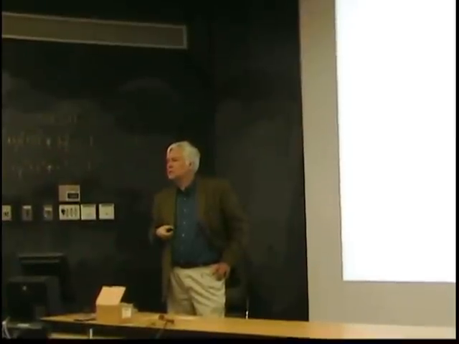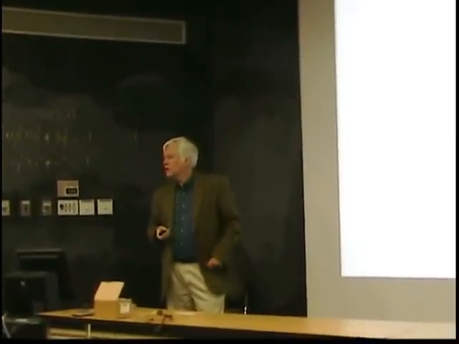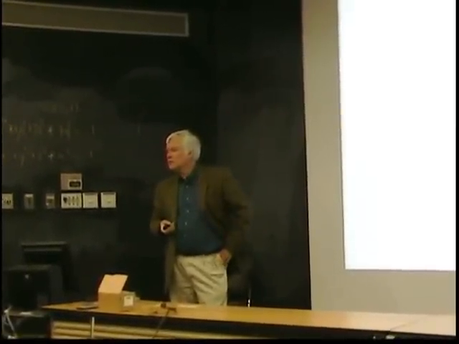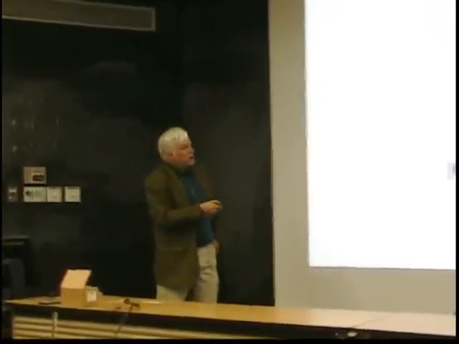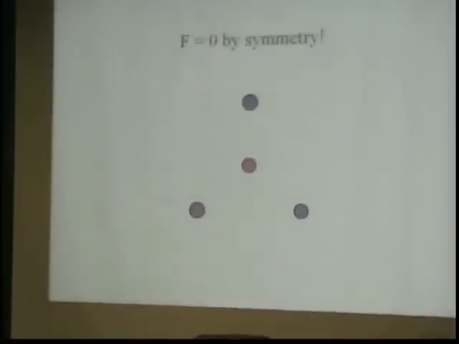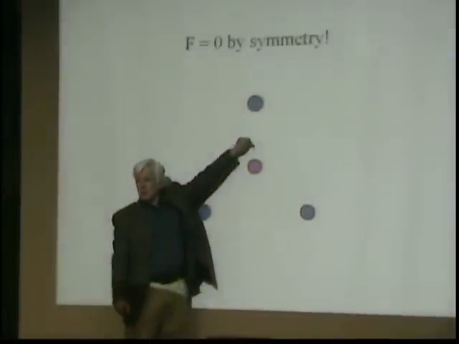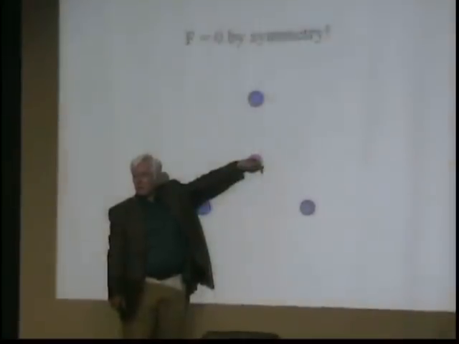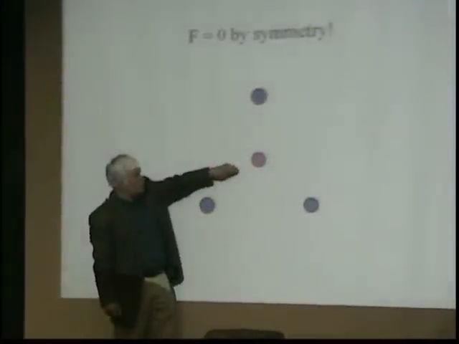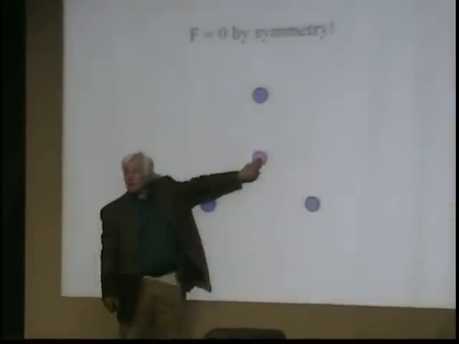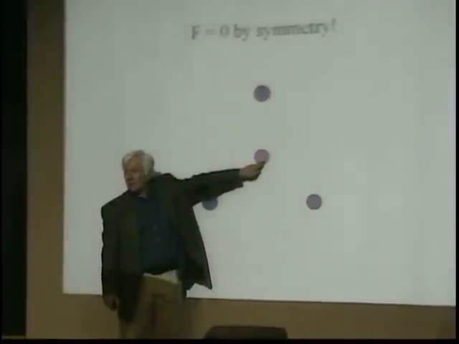Now what happens? Same argument. Why doesn't the system collapse? Why is CH3 stable? Because now, if I push the carbon close to that hydrogen, the force of repulsion pushes it back. So now the thing is actually stable.